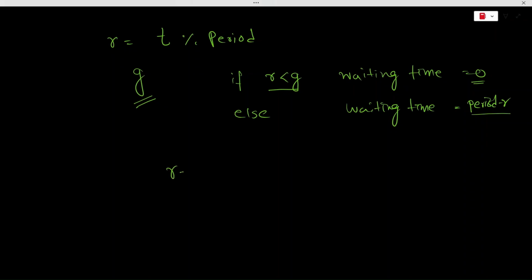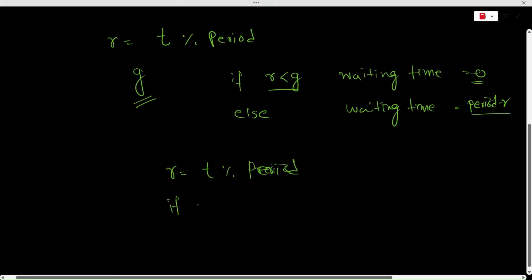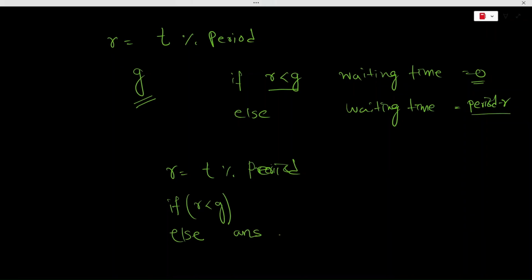For each car, we just take r as the time of arrival modulo period, and we check if our r is lesser than g, then we do nothing. Else, we just try to maximize our answer.